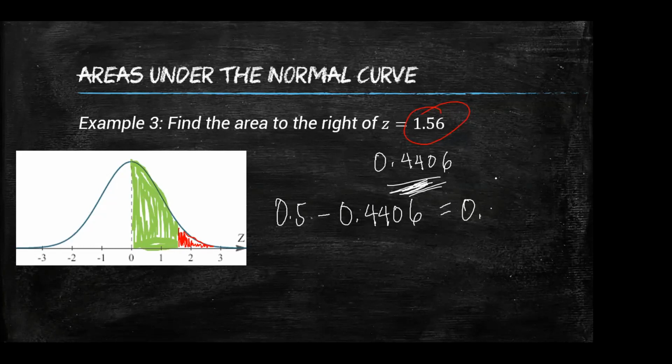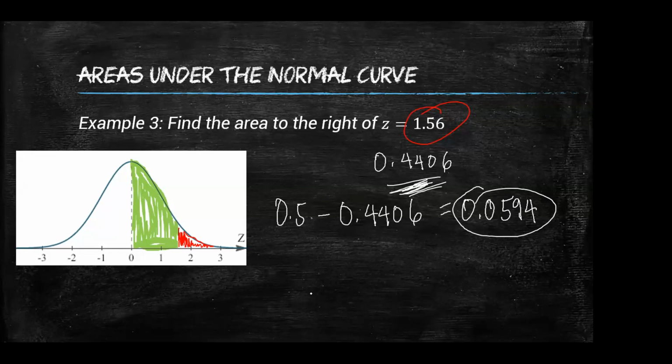O, ready nyo yung calculator ninyo. Yes po. 0.0594 po. Okay, 0.0594. Okay, so this is the correct answer. This is the area to the right of our Z, which is 1.56. Malinaw po ba?